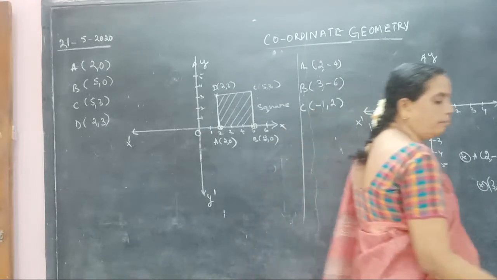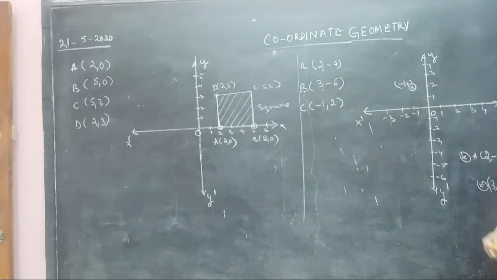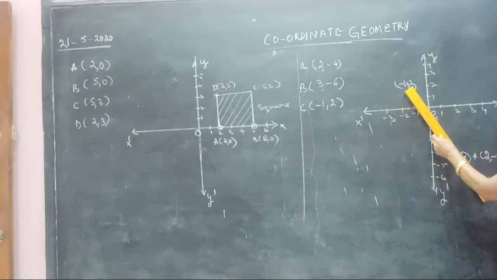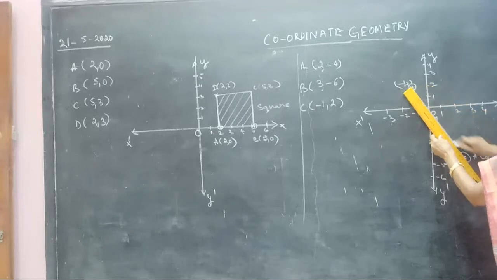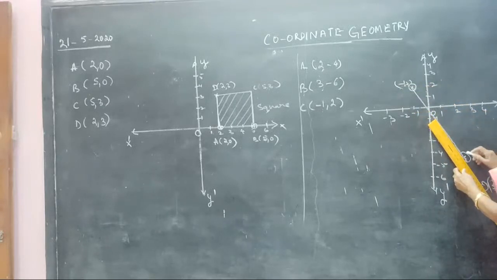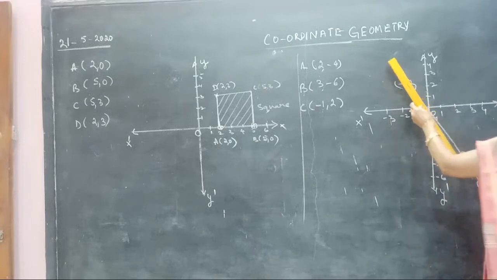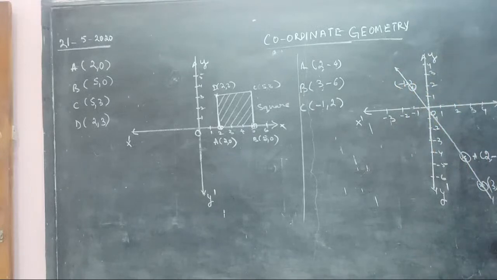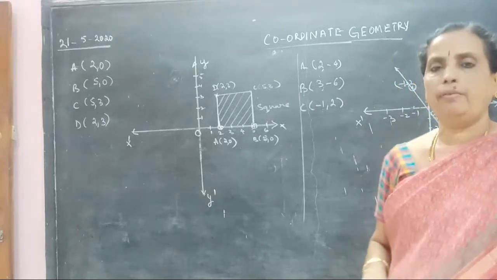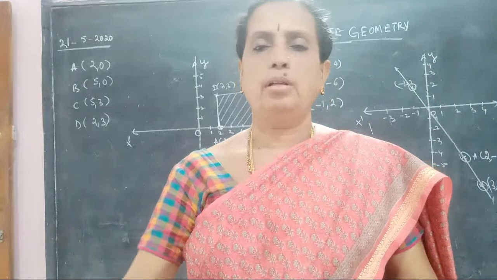Now join them and check whether they are on the same straight line. Yes or no, tell me your answer. Does it pass through all the points and are all the ordered pairs on the same straight line? Then we can say yes, the points are collinear, otherwise they are not.